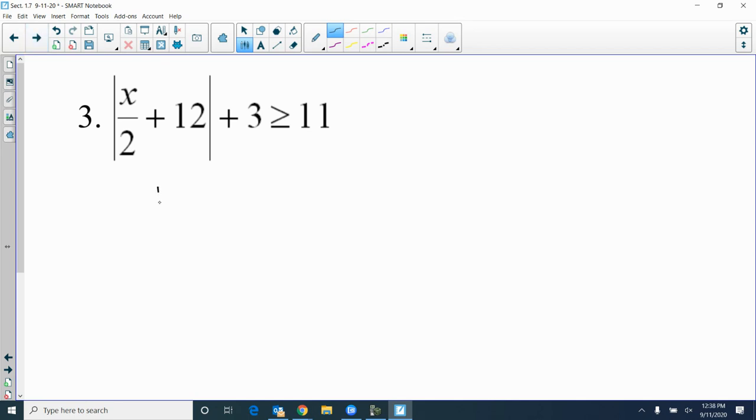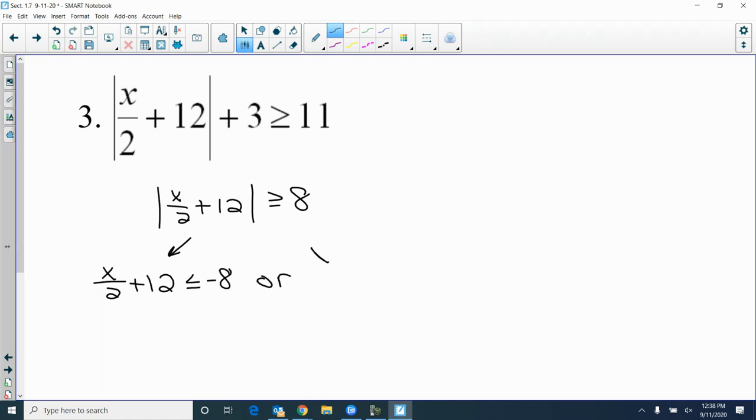So I subtract 3, and I get x over 2 plus 12 is greater than or equal to 8. Now, since it's greater, you're going to get x over 2 plus 12 is less than or equal to -8, or x over 2 plus 12 is greater than or equal to 8. All right, and I'm just going to leave it from there.